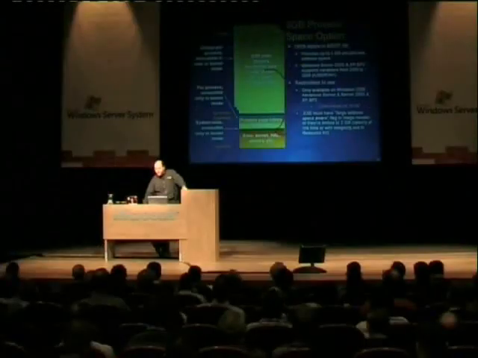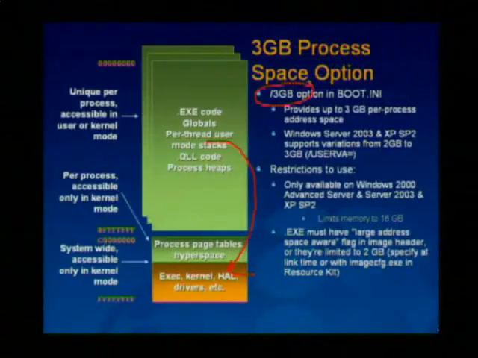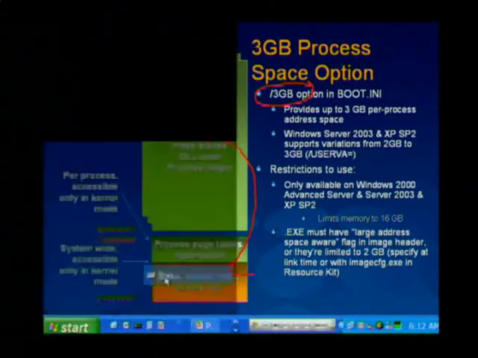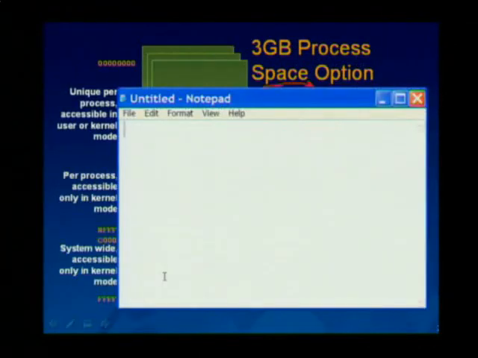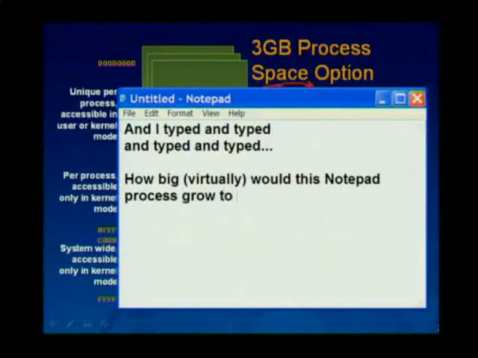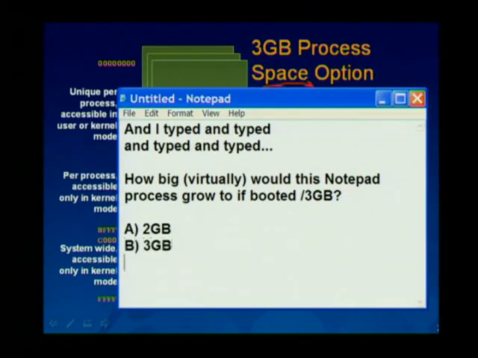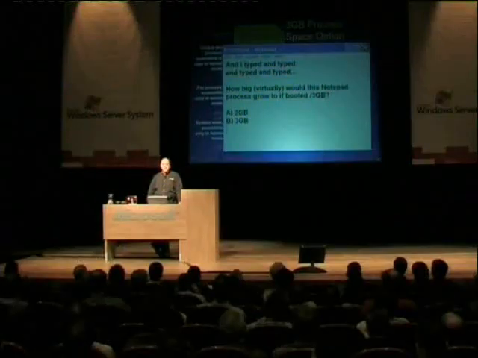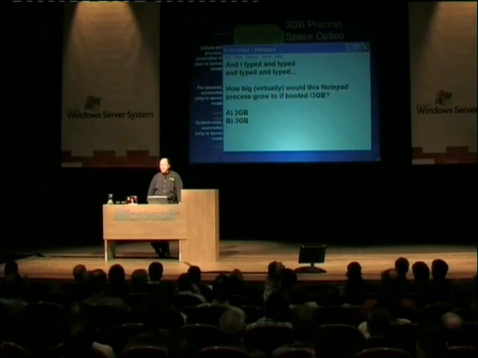Now, by the way, if you boot 3GB, for example, if I rebooted my laptop, which is running XP Service Pack 2 3GB, and I typed and typed and typed and typed, how big, virtually, would this notepad process grow to if booted 3GB? Answer A, 2. Answer B, 3. Let's take a vote. Who says A? Who says B? A was right.